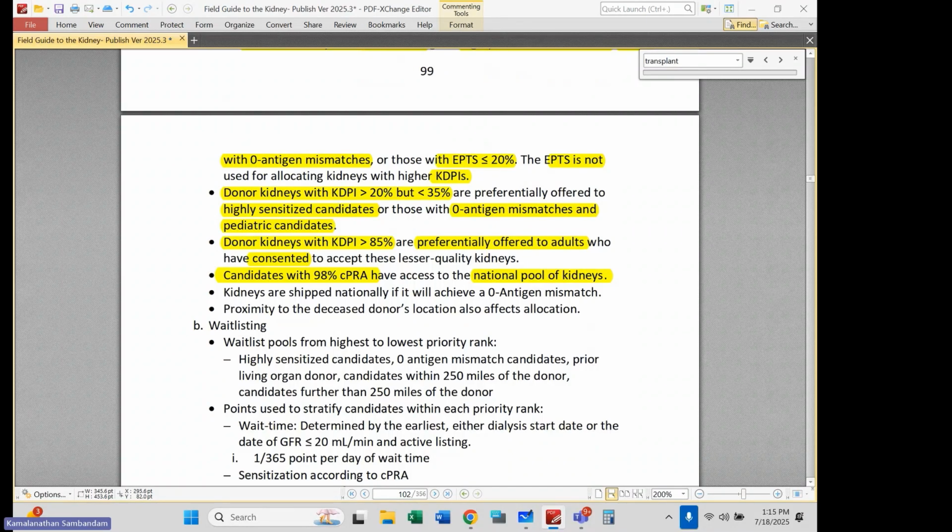Otherwise, you're just looking at the local recipient pool when you're evaluating potential candidates to bring into the hospital, right? I will ship that kidney from Washington State to me in Texas if I have greater points than that person who's closer, okay?